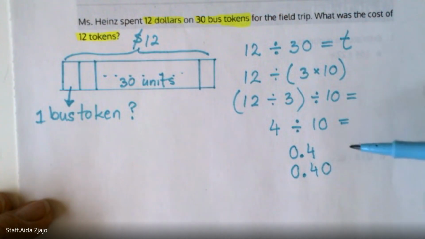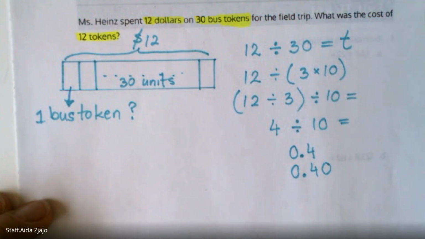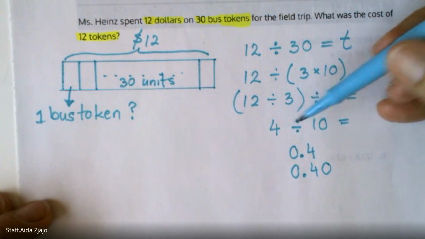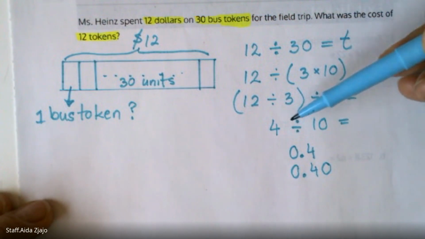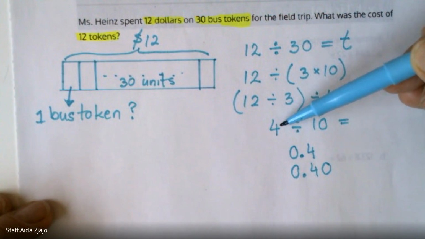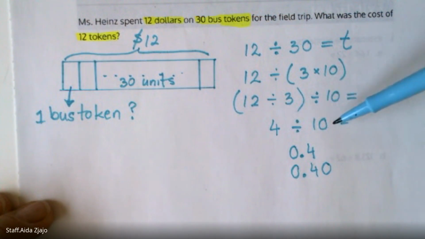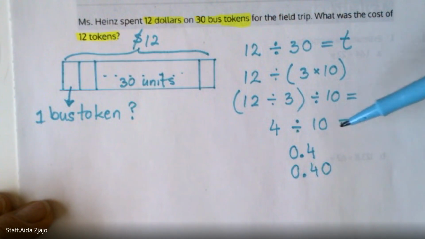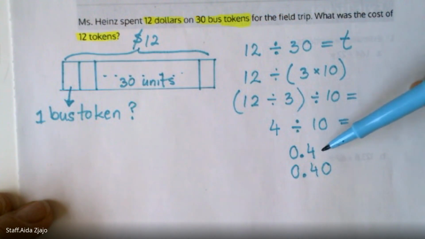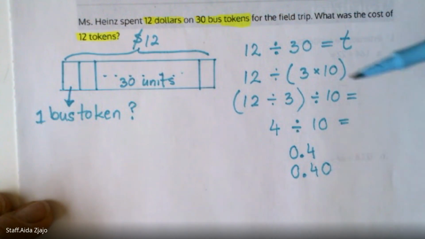You can think about money. You have $4. You divide that $4 into 10 pieces. And each piece, you're going to change $4 into 40 tenths. And then 40 tenths will give you 4 if you divide it into 10 groups, each group will have 4 tenths, or 40 pennies.